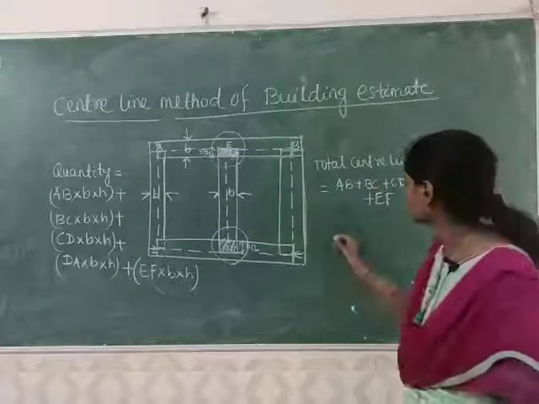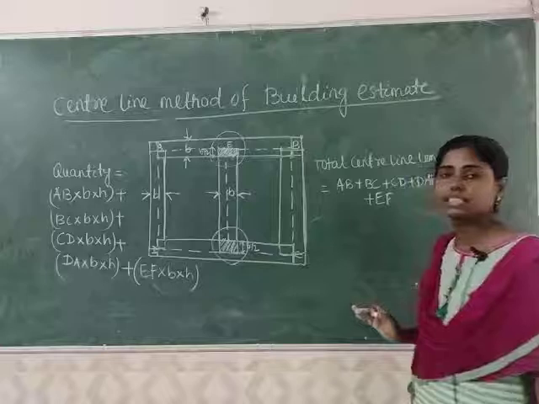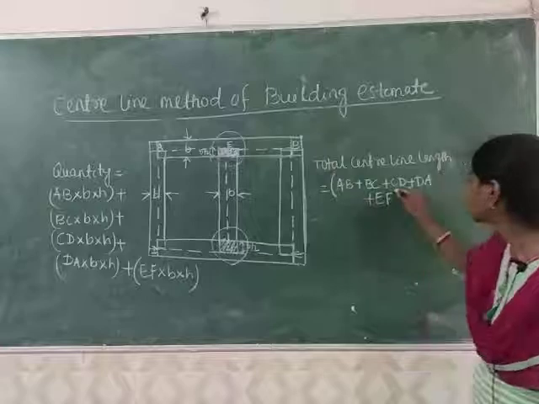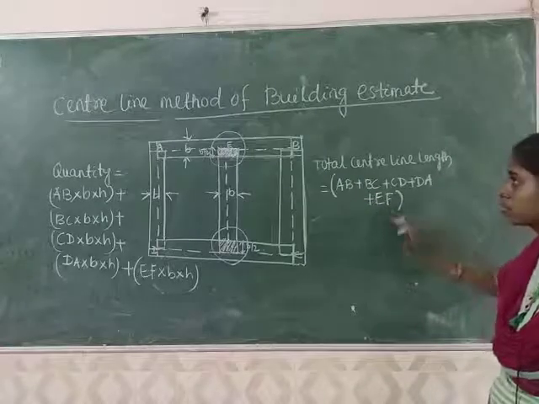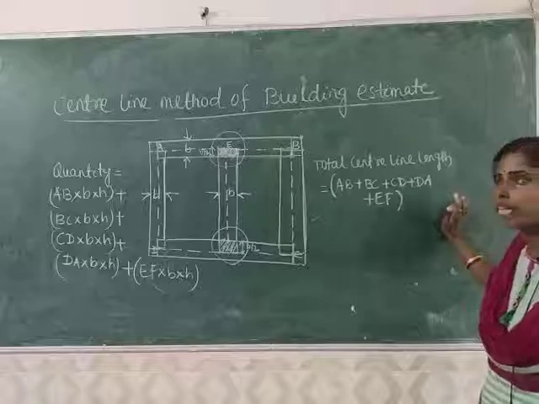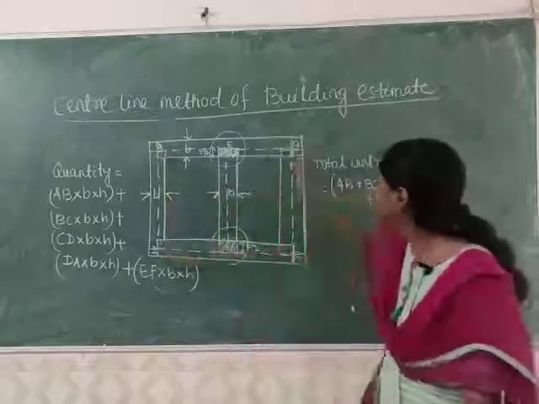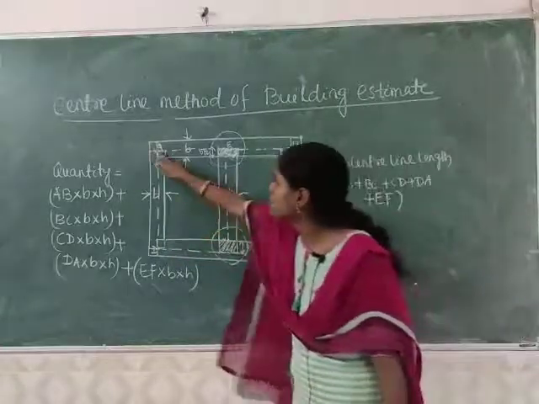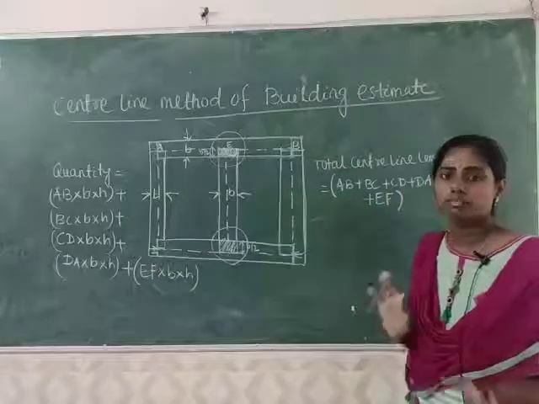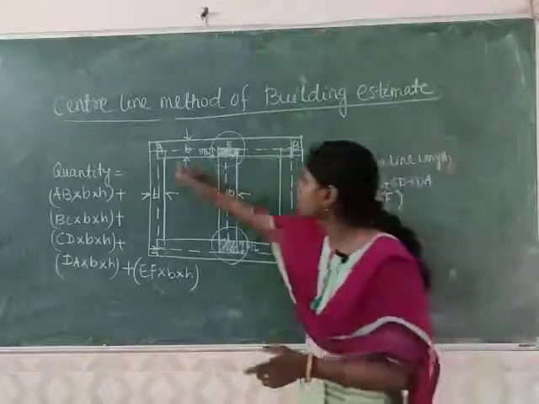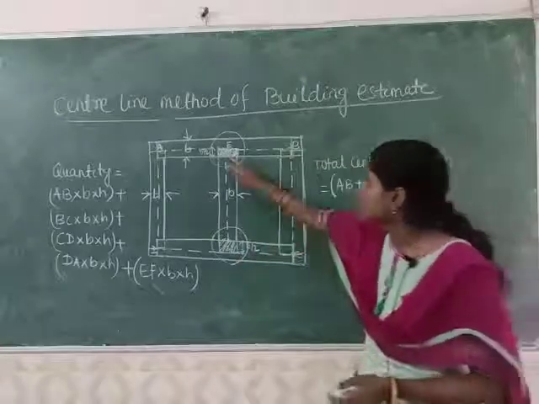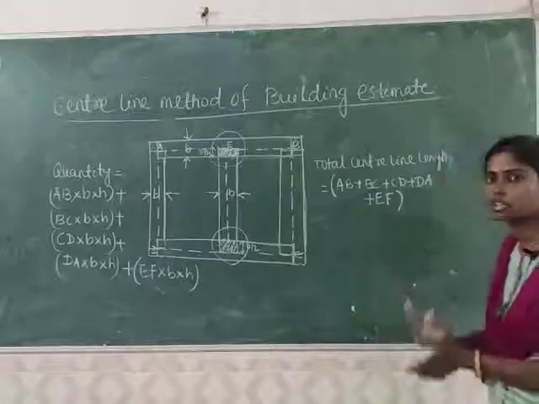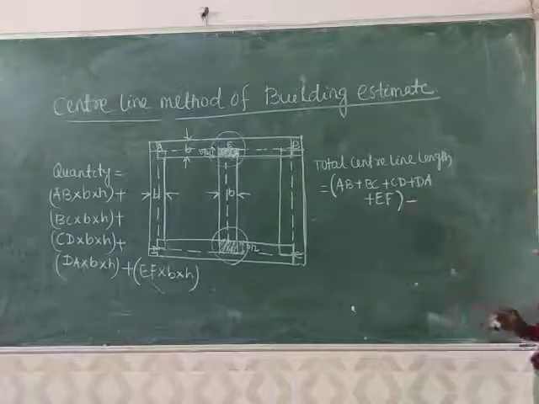So, what we will do, we will subtract this portion from our total center line length. Previously this is our total center line length, but these two portions are coming twice. Previously the corner portions also came twice, but these are neutralized by the left out portions. So, the corner is not a big issue, because it will not hamper the total result, but this portion, as it is coming twice, we need to subtract from the total length. How will we subtract this?